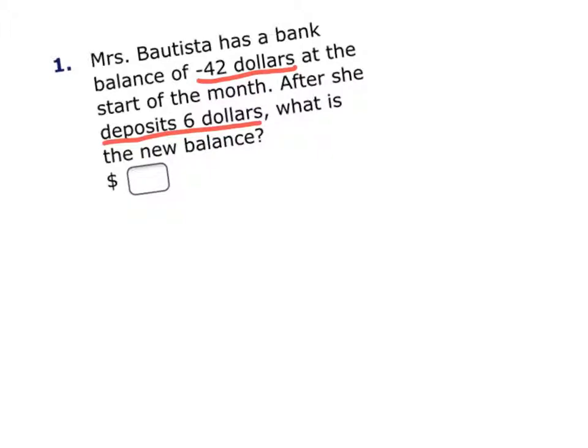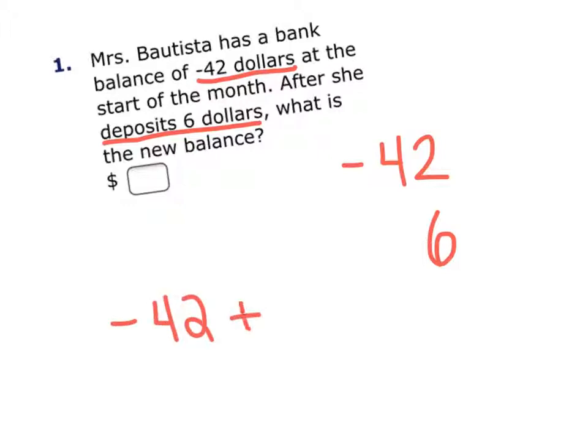So in determining which integers I need to use, I'm going to write down that I have a negative $42. And then I have to determine if that 6 is positive or negative. And the deposit means that she's putting that $6 in to the bank account. So we're actually going to end up writing an expression where we have negative 42 plus that $6. From there, we can use our rule and determine that we have unlike signs for addition.